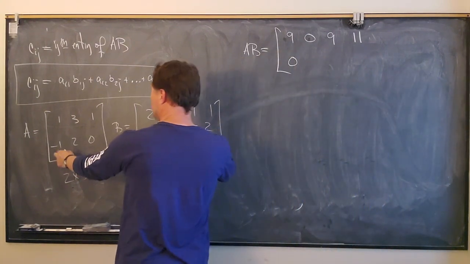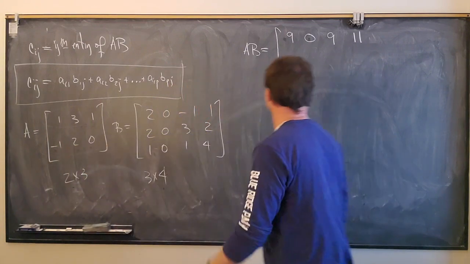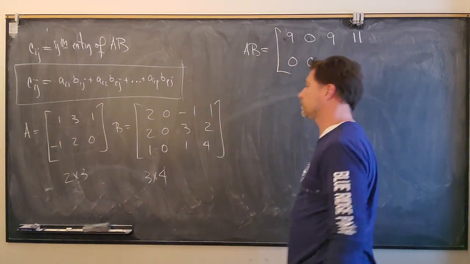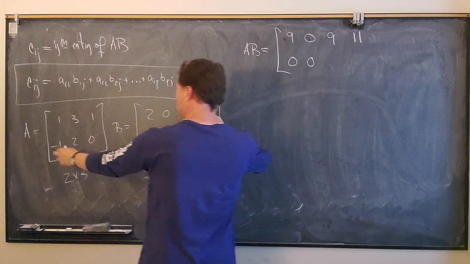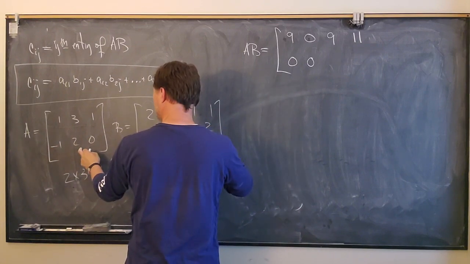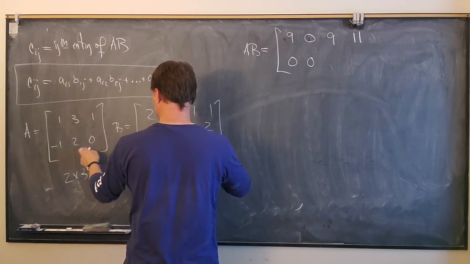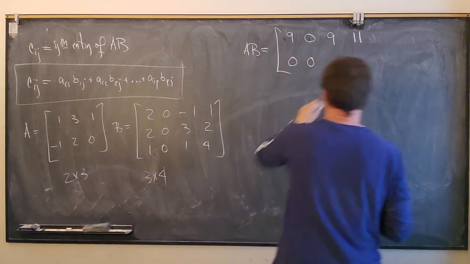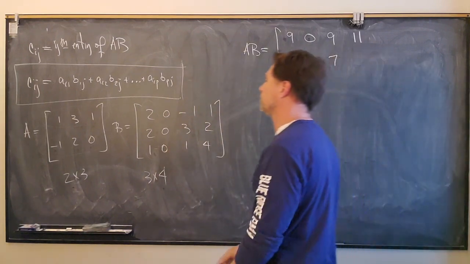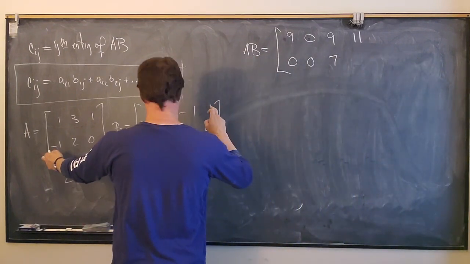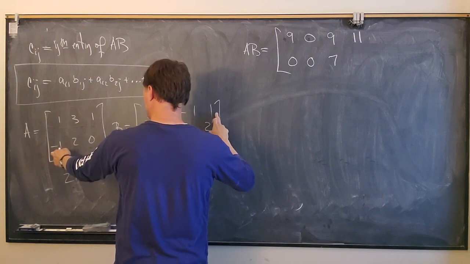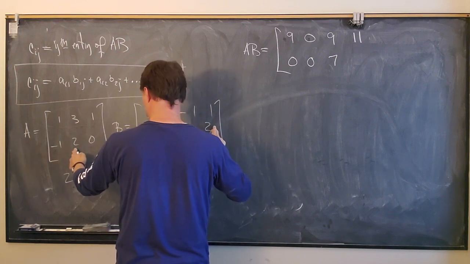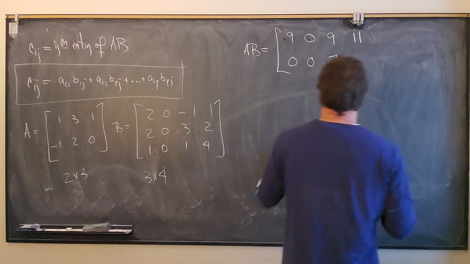Then we'll have 0 plus 0 plus 0, so that's 0. Then we will have 1 plus 6 is 7 plus 0, so we get 7. Negative 1 plus 4 is 3 plus 0, so we've got a 3.